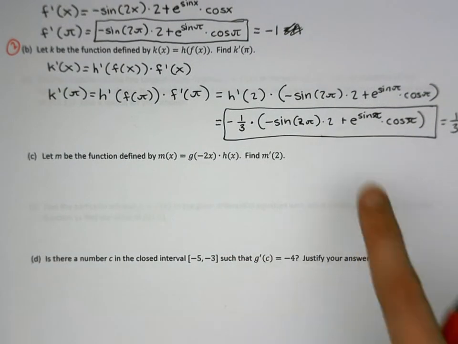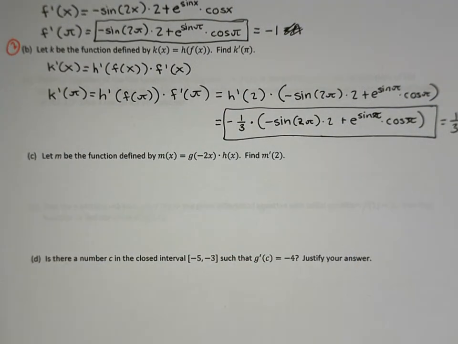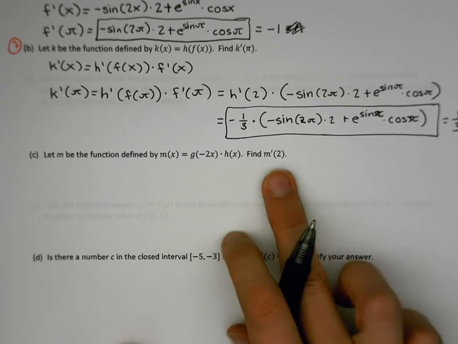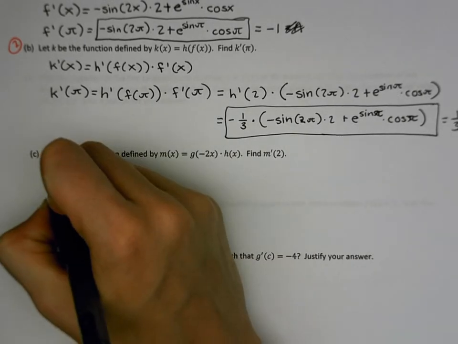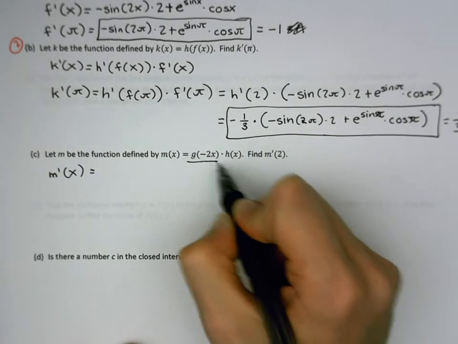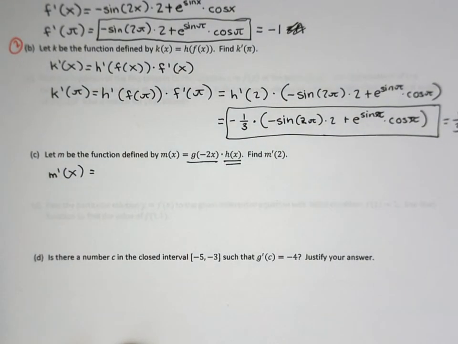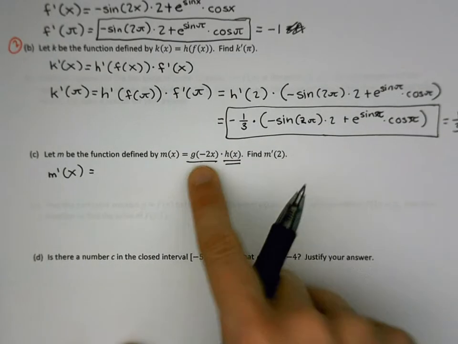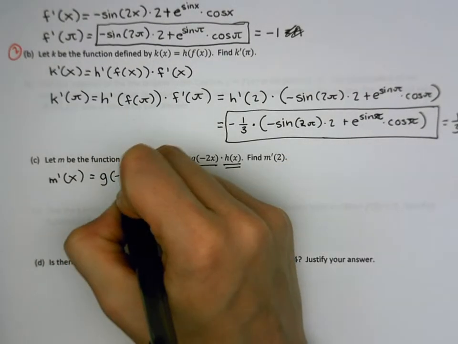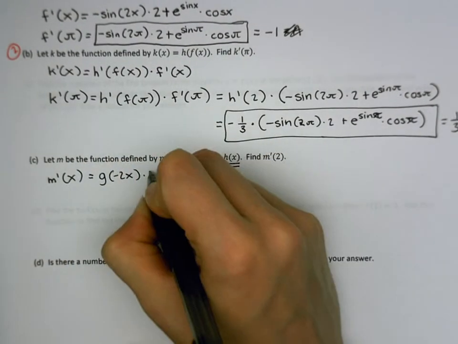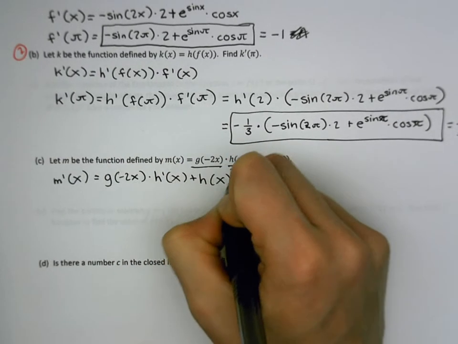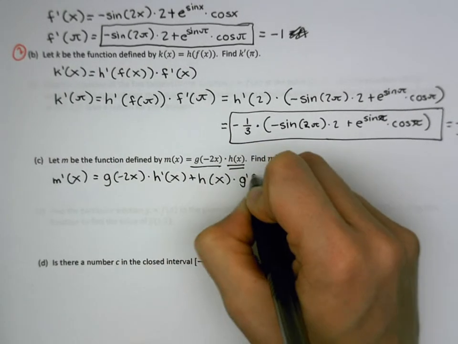Okay. C, we have let m be the function defined by this. Find m prime of 2. Okay, so we're going to go ahead and find m prime of x. This is product rule, 2 things multiplied together, and then we've got a chain rule element here. We have 1, which is g of negative 2x, d2, h prime of x, plus 2, h of x, d1, g prime of negative 2x times negative 2.